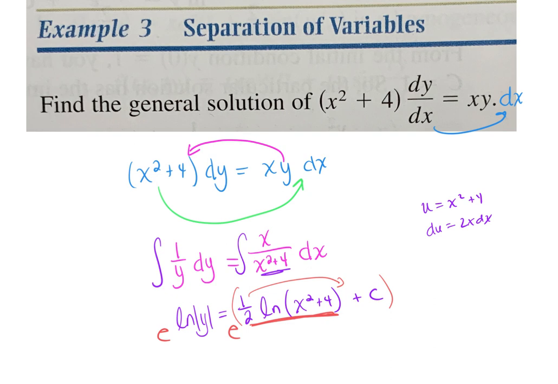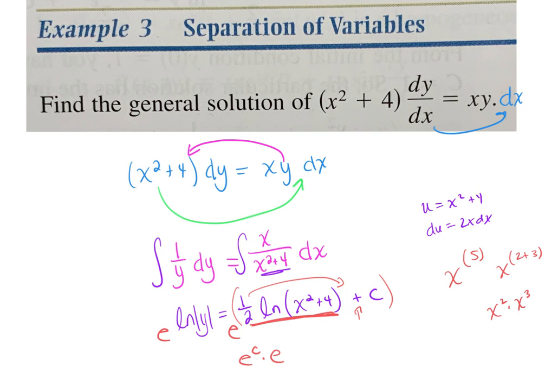And just like we did before, if I have a base like x to the 5, well, that's x to the 2 plus 3, right? Everybody agree with that? So that is x to the 2 times x to the 3. Yes? So that's what I'm going to do here with this plus. I'm going to make that e to the c times e to the square root natural log.